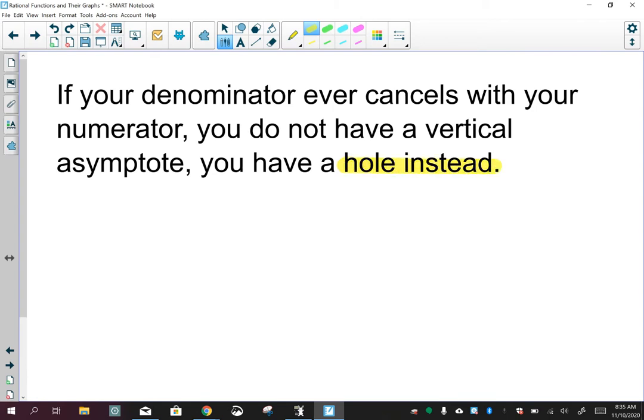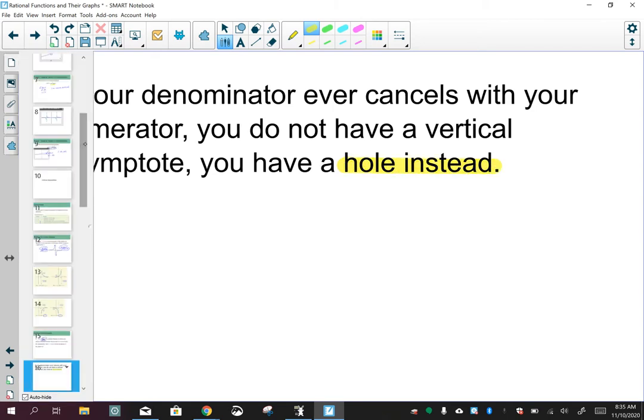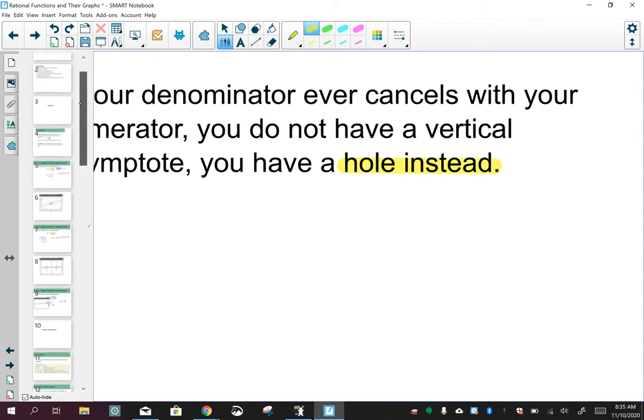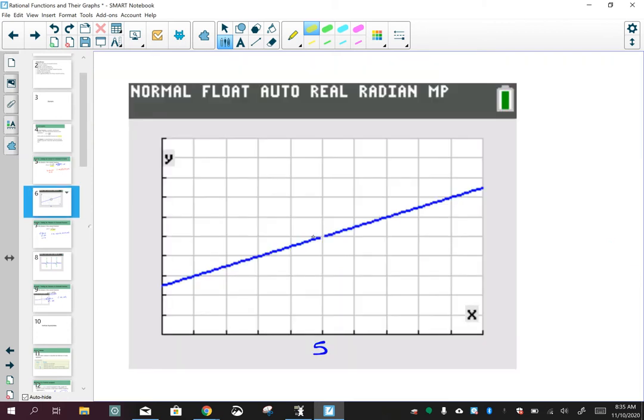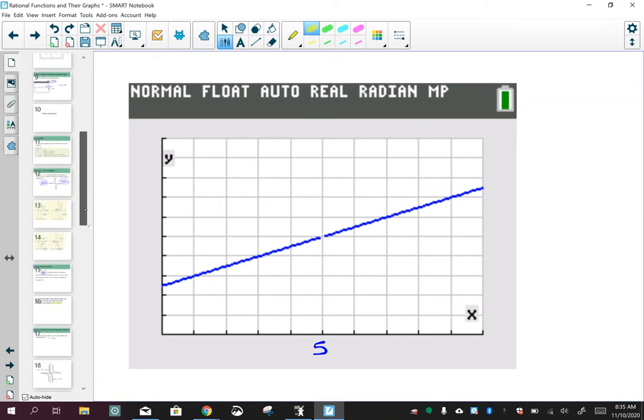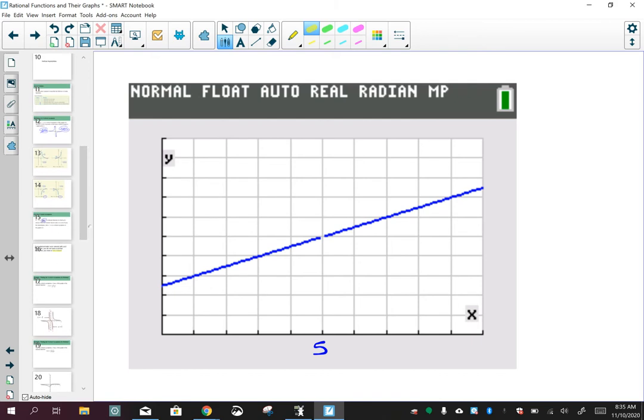And you're going, a what? You have a hole. If we go back to the first slide that we looked at, notice how this denominator canceled with that numerator right there? Well, it created a hole in the graph, okay? Because I canceled, I created that hole.